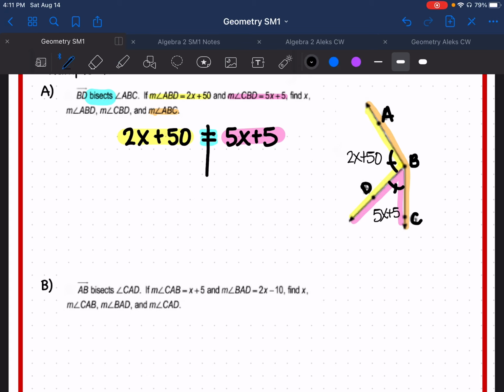All right, let's solve for x, and then we can go back and plug everything in. There's no distributing because there are no parentheses on either side of my equation. There are no like terms to combine because on the left side, two terms, one has an x, the other does not. Look at the right side, same thing.